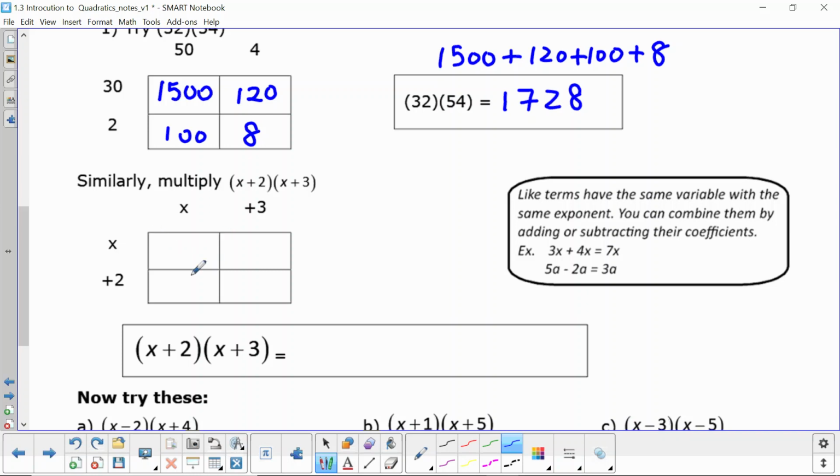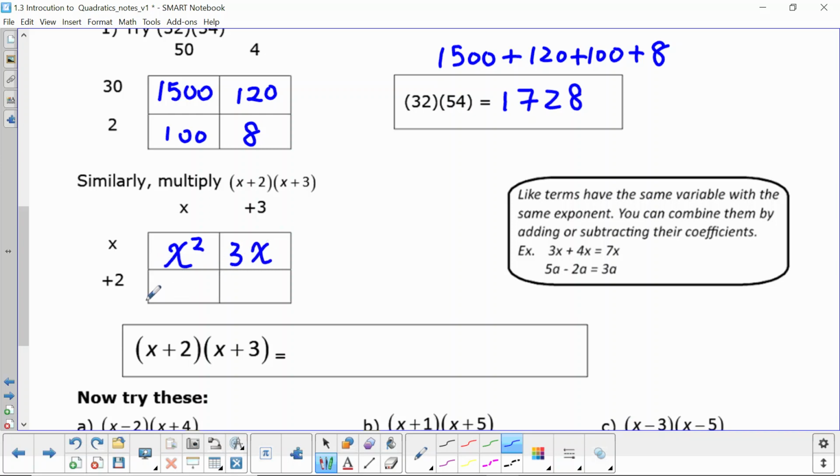So for the first rectangle, one side is x, another side is x. The area, multiplying this x together, is x squared. Then for this area, one side is x, another side is 3, multiplied together you have 3x.